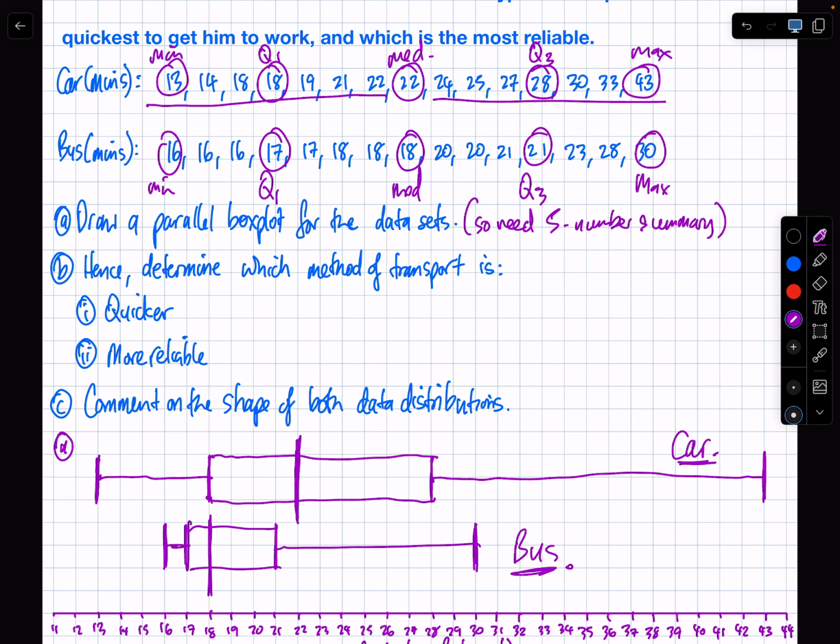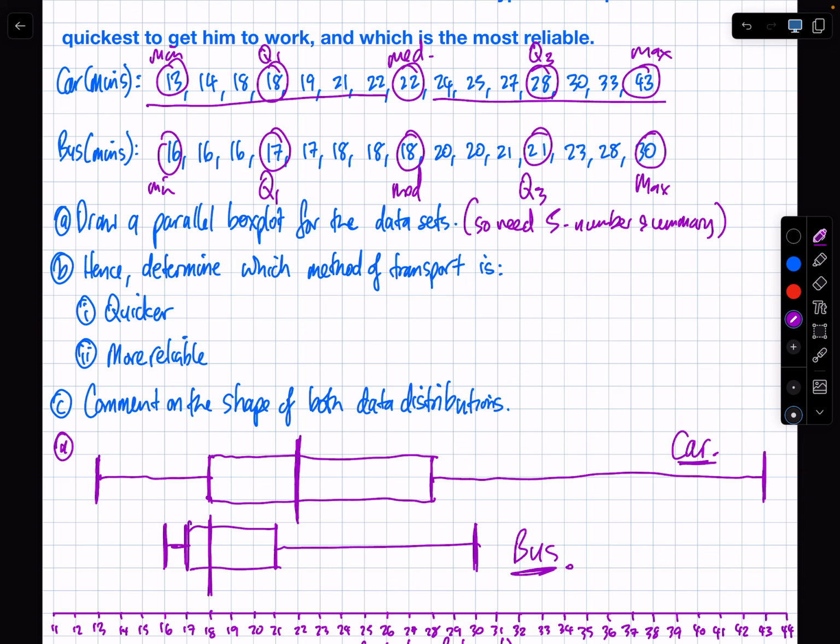Also, what can you say about the middle 50%? So 50% of all bus trips, are they faster than the 50% of the car trips as well? So, okay, yeah, there were some quicker trips here, but if I want to have a good idea of what time to expect to take to work, I'm going to be able to trust the bus a bit more than the car.